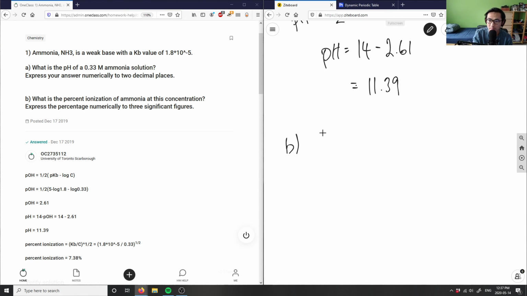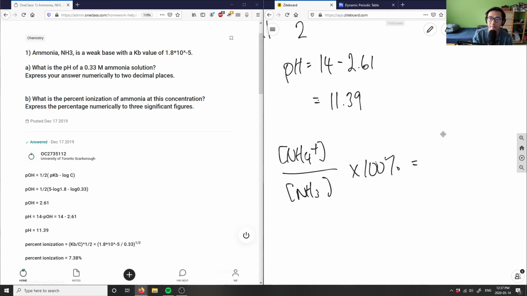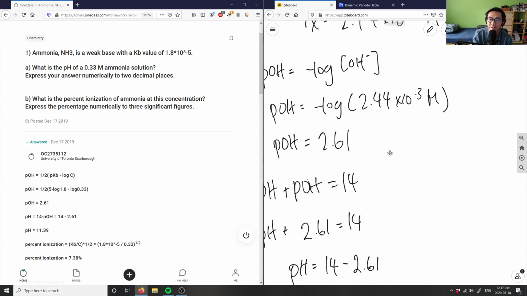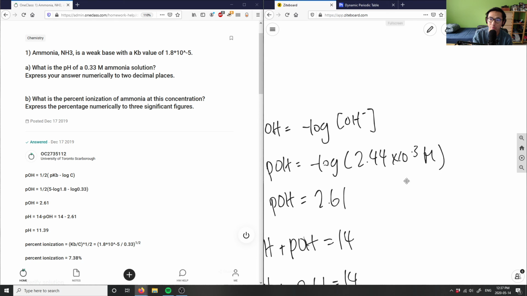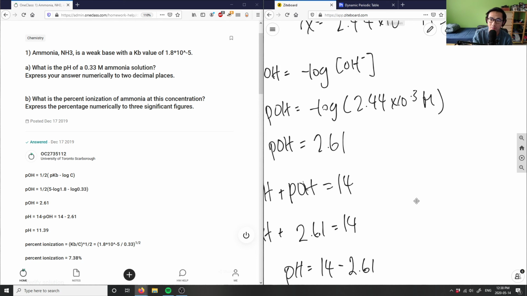Yes. So NH4 plus divided by NH3 times 100%. The concentration of ammonium is exactly the same as the concentration of hydroxide, like I solved for, right? So this is 2.44 times 10 to the negative 3.